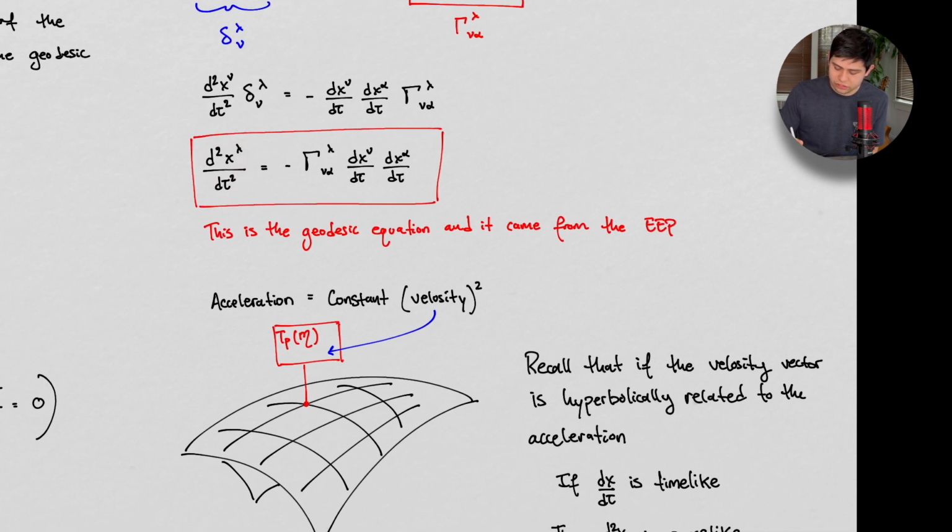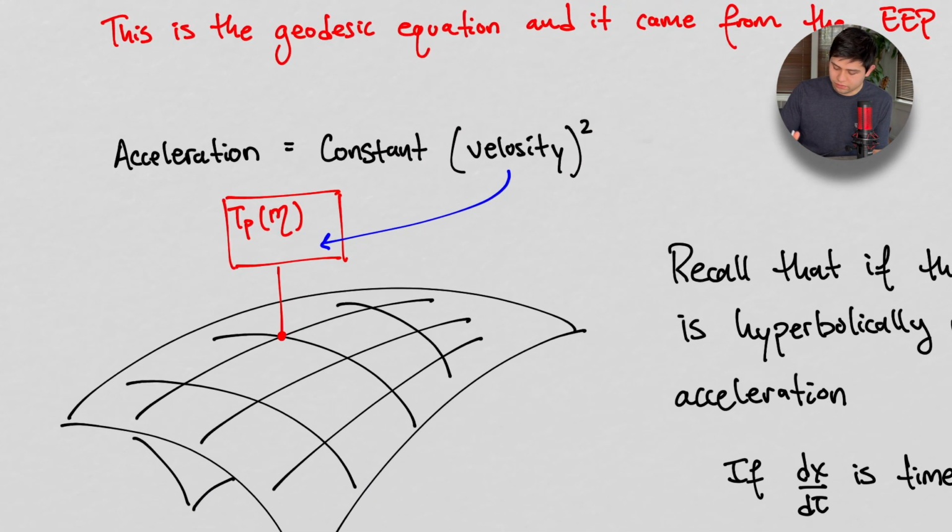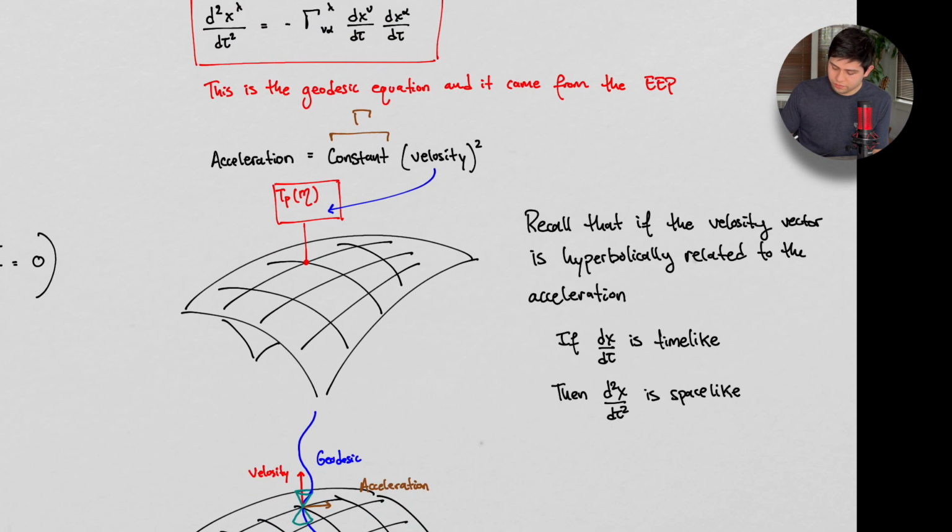On this side, we have velocity squared, and then some constants. So really, what's being said here is that the velocity is given by a vector in the tangent space. Acceleration is therefore equivalent to the square of that times some constant. This constant, again, is given to us by our Christoffel symbols.